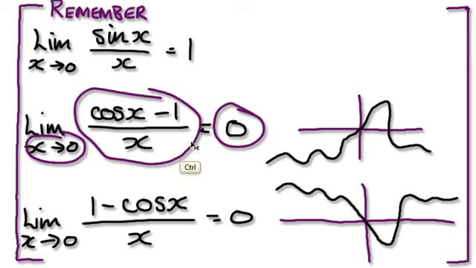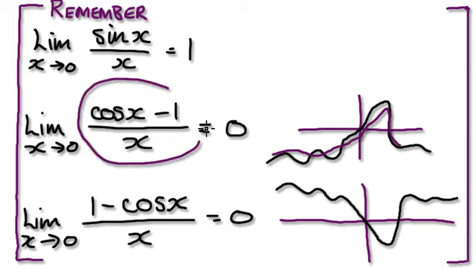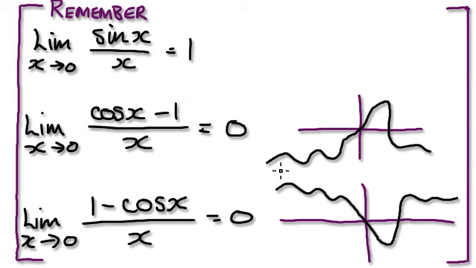And remember, if the limit of any function as x tends to 0 equals 0, so basically if you have any function that goes through the origin, like this one here, well, it could be any function, then the negative version of this function will always go through the origin as well.